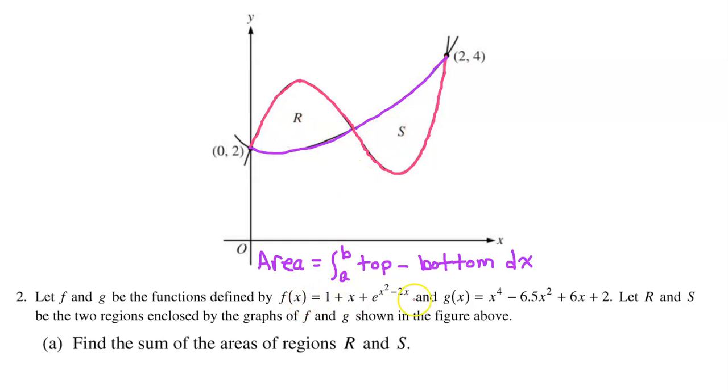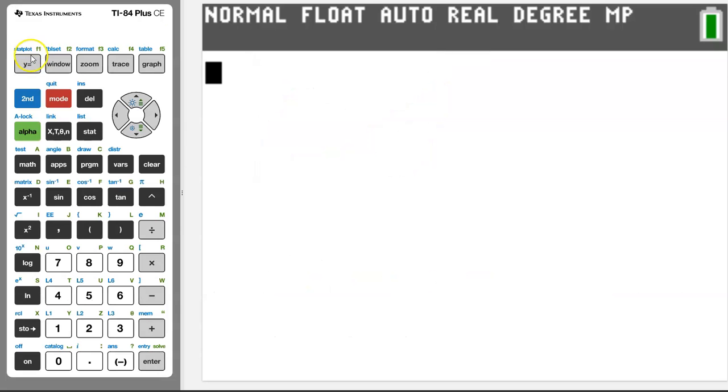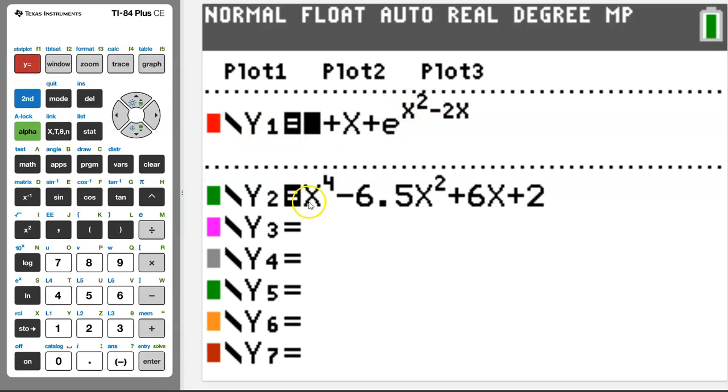Let's type both of these functions into our calculator. I am going to enter f of x as y1, and I will enter g of x as y2. So let's hit the y equals button and type in both functions.